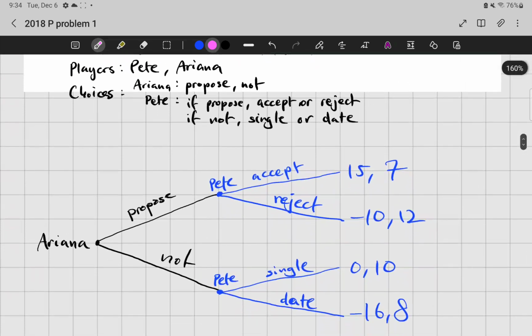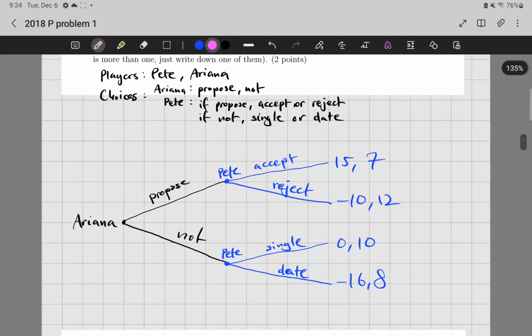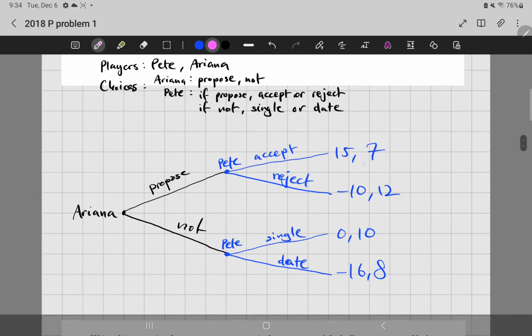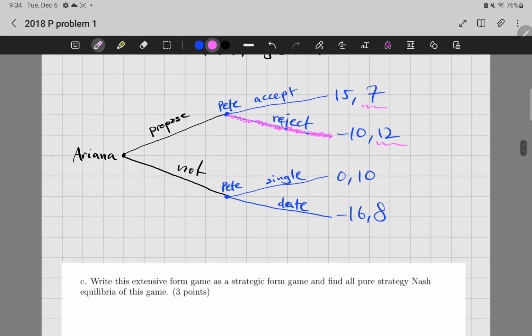So for Pete, who chooses last, so it will be moving backwards. Pete can either accept and get a payoff of 7 or reject and get a payoff of 12. Now, because 12 is greater than 7, he will most likely reject the proposal. So we can just expect him to choose reject.